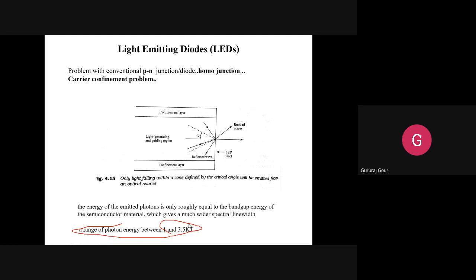So that is very low energy we are getting, but the energy of the emitted photons is roughly equal to the band gap energy of the semiconductor material, this band gap energy, which gives a much wider spectral line width. Here, with this third figure, you can understand.